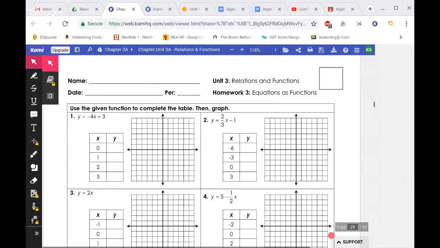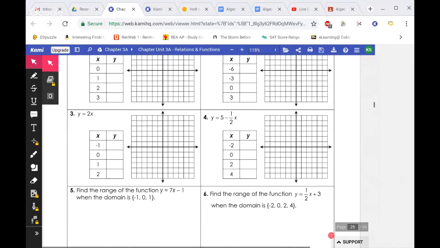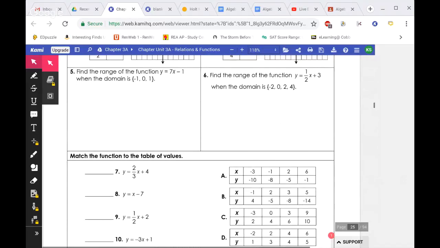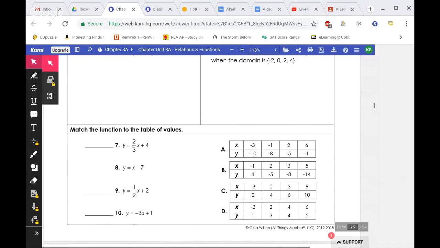And then we had Unit 3, relations and functions, and then we had this worksheet. How did you guys do on the 10 problem worksheet? Anybody want me to go over any of that?